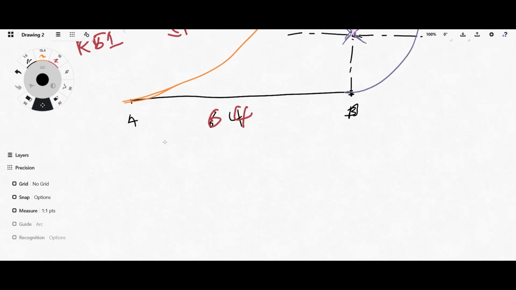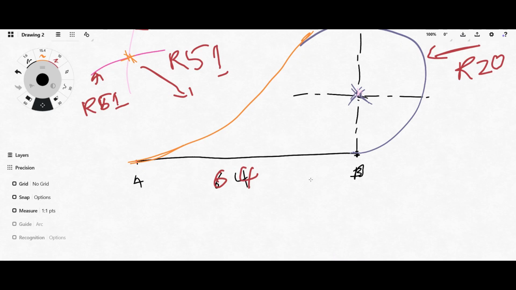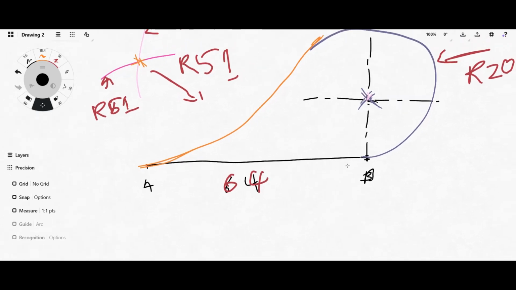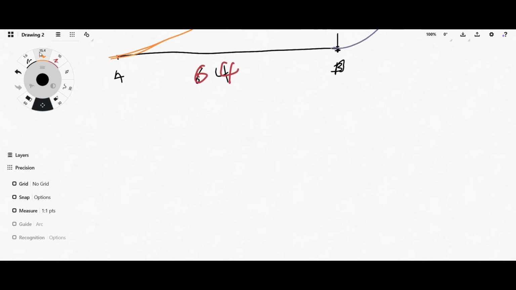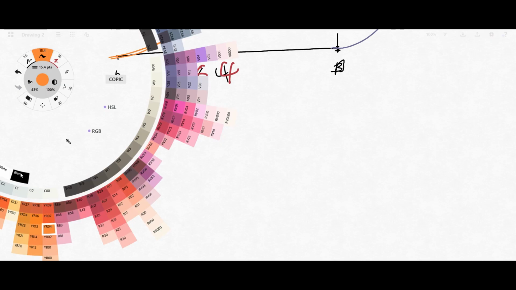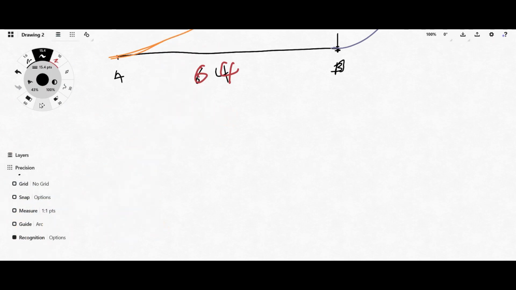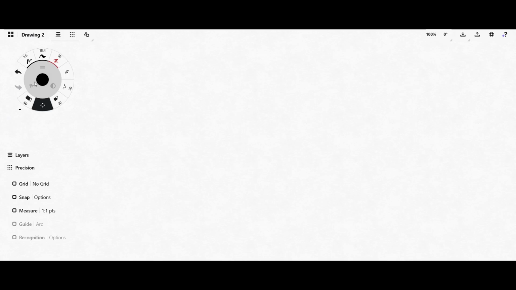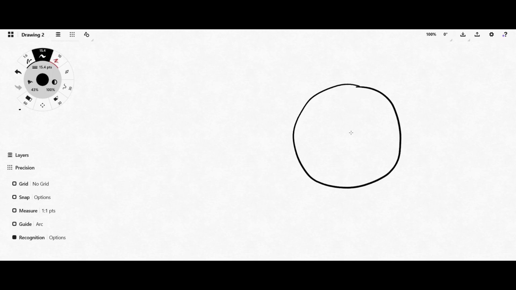Another way is, with this one I started with the straight line, right? So let's assume you prefer to start with the circle instead. On your drawing sheet, whichever space you want, you can start by drawing a circle of radius 20 millimeters, right? You have your center line here.